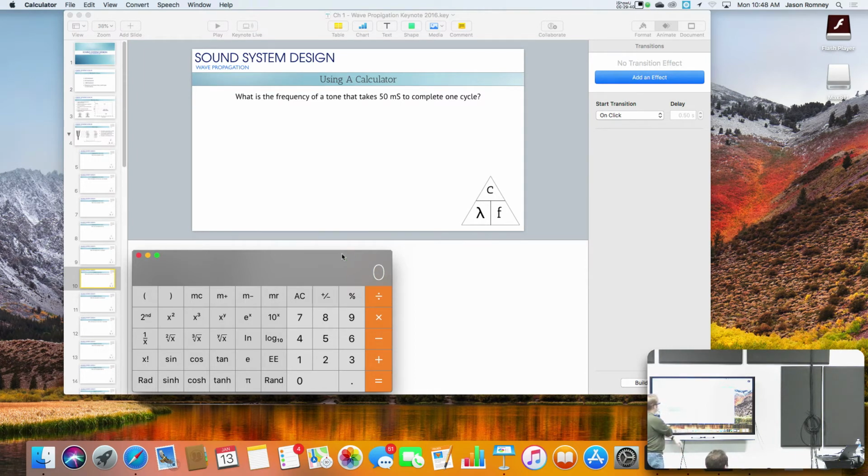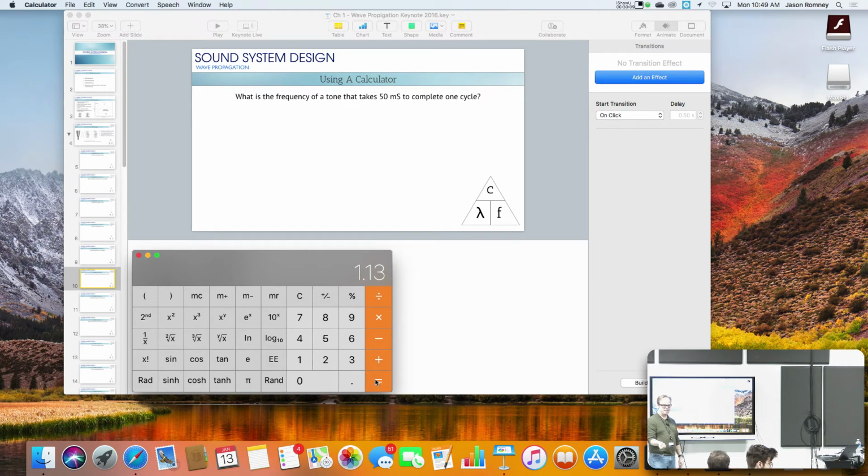So are we doing it at the instantaneous speed, or the speed according to the textbook, which is 1,130 feet per second? That's the speed of sound according to the book. So what do we need to do to that? Divide that by 1,000. We get 1.13. So it's 1.13 feet per millisecond.